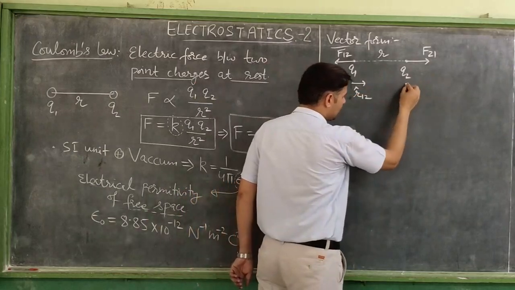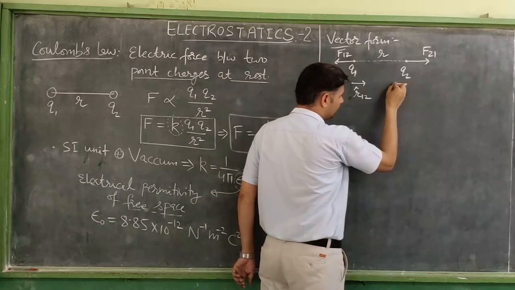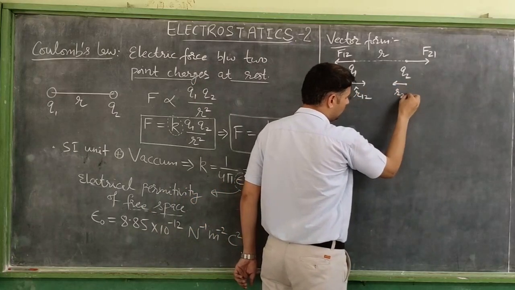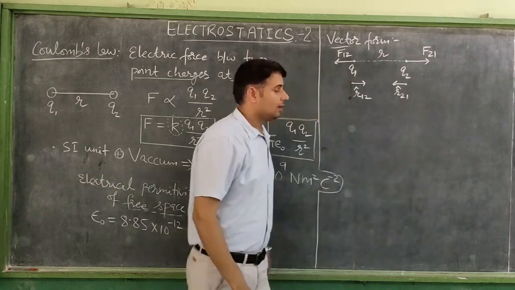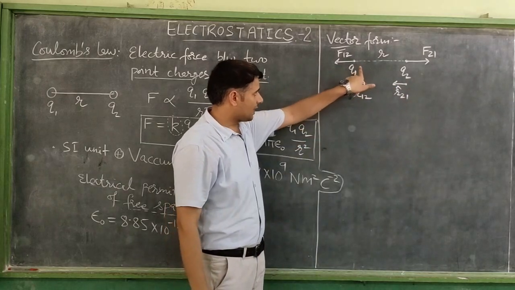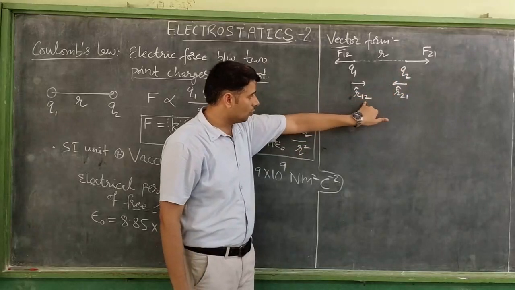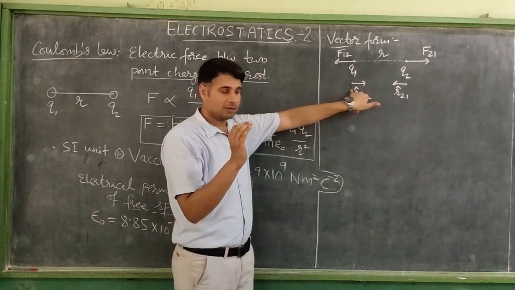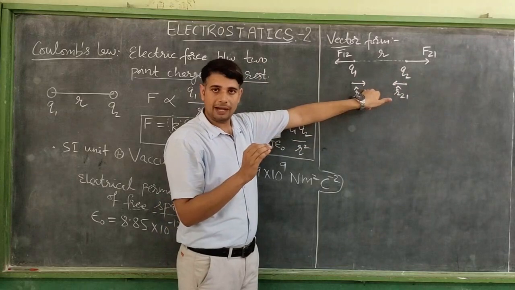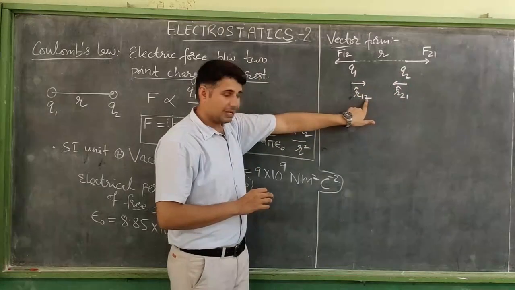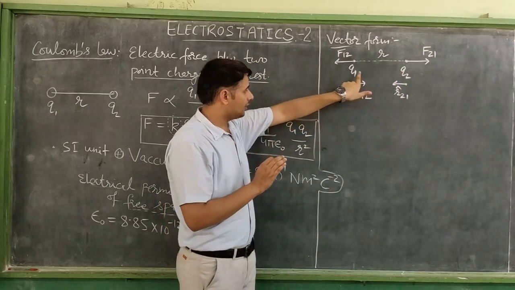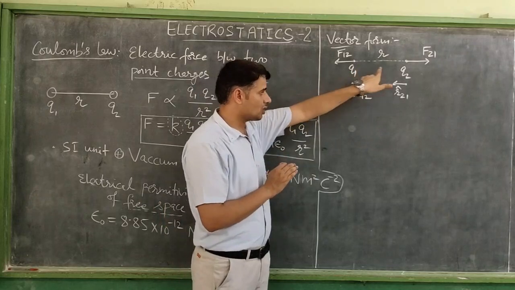Similarly, this direction I have written as R21 cap. R12 means the direction starting from 1 to 2. Unit vector means this is with a cap, a head cap. So R12 cap here gives the direction from charge 1 to charge 2.